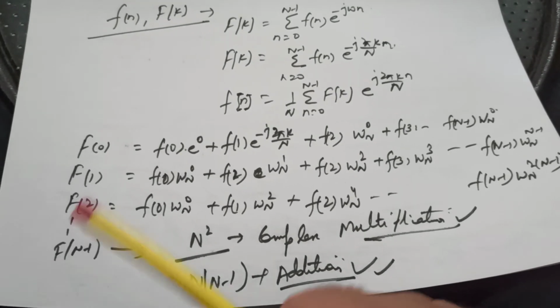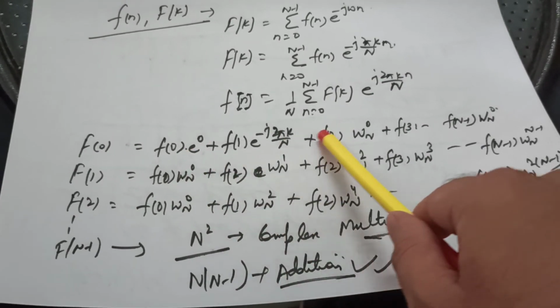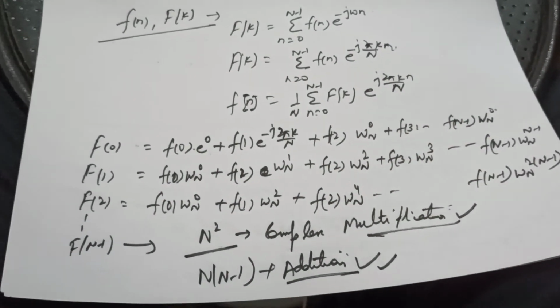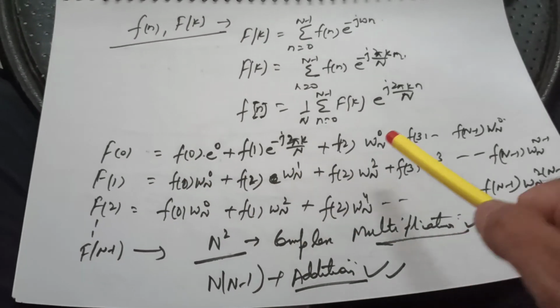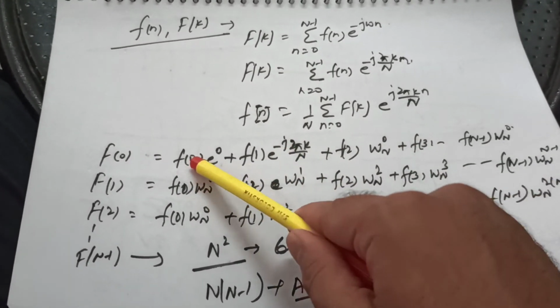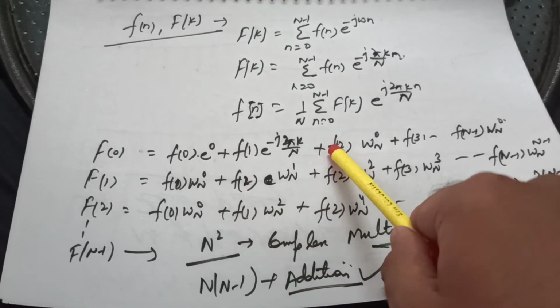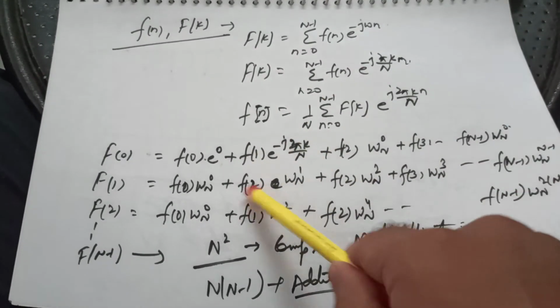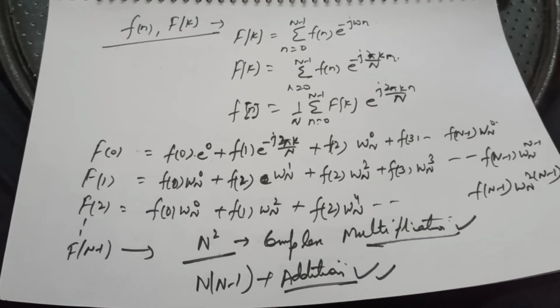So for the first point in the DFT, the number of terms is capital N. Now if 2 terms have 1 addition, 3 terms have 2 additions, then N terms will have N minus 1 additions.